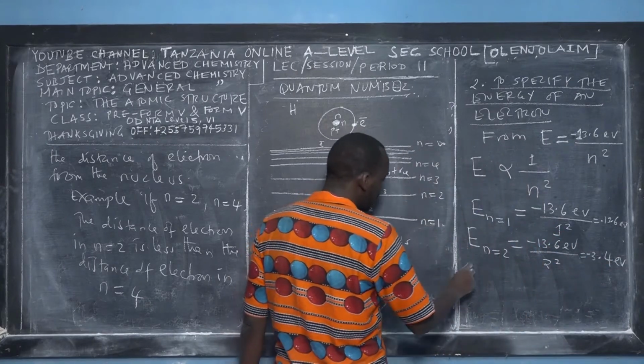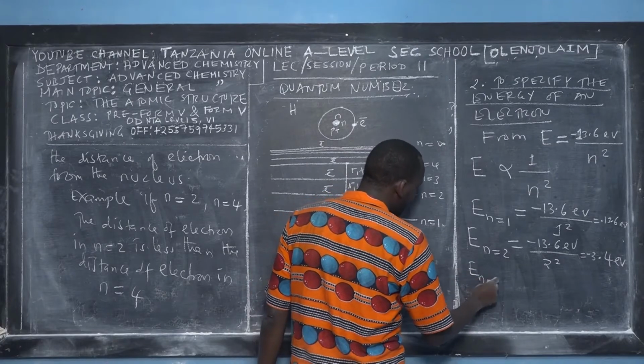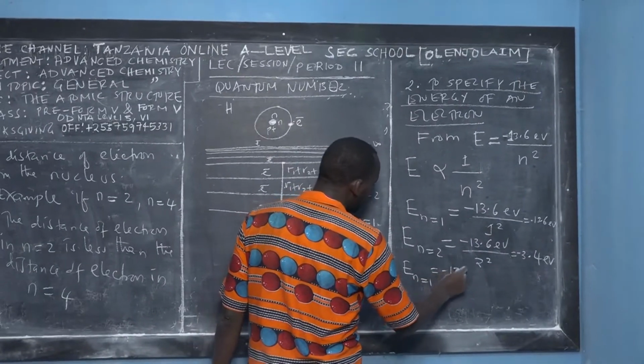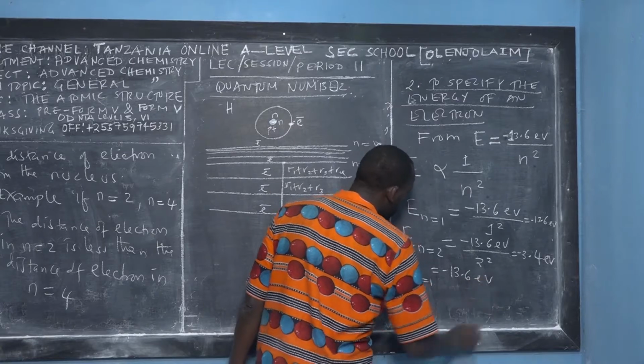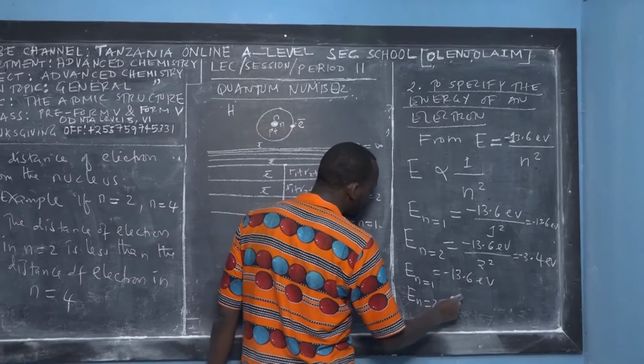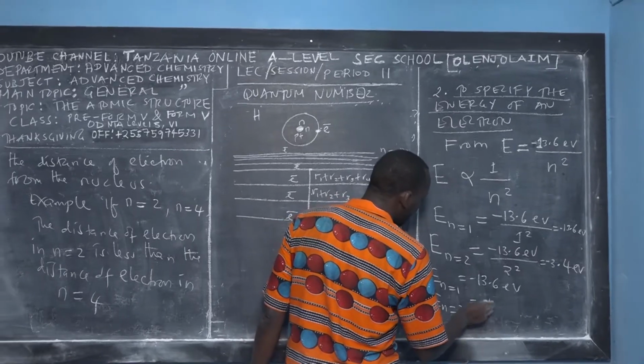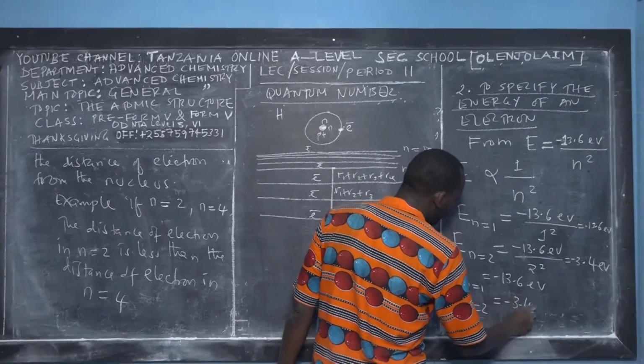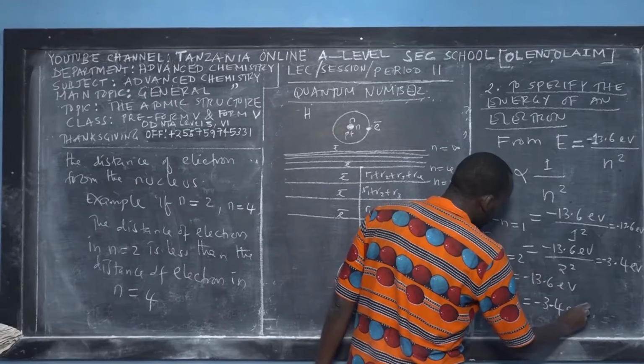So you see, the energy of an electron when n is equal to 1 is negative 13.6 electron volt, and the energy when the principal quantum number is equal to 2 is negative 3.4 electron volt.